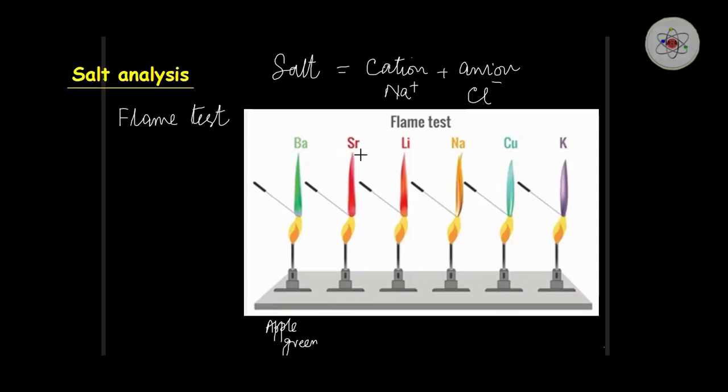If group 2 ion strontium is present in the salt, it will give a crimson color, which is near to red. If the salt contains lithium, it will be red, and the flame color will be yellow if sodium ion is present in the salt, and sea green in the case of copper, and potassium gives lilac color.